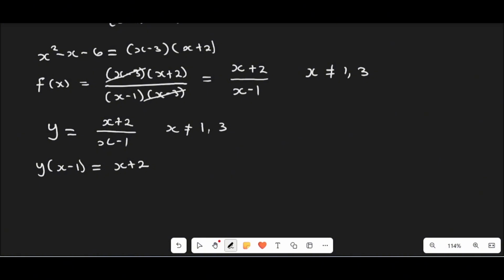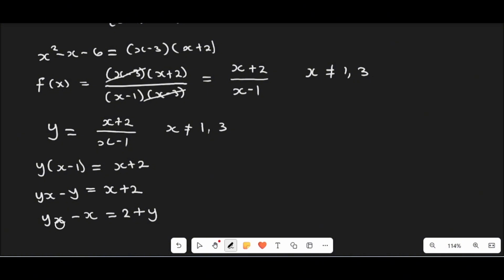Let us expand the bracket: yx minus y equal to x plus 2. Let us bring this x to the left hand side: yx minus x equal to, and bring y to the right hand side, 2 plus y.